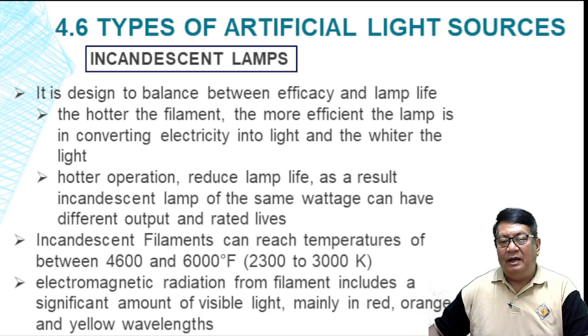The hotter the filament, the more efficient the lamp is at converting electricity into light, and the whiter the light. Incandescent filaments can reach temperatures of between 4,600 and 6,000 degrees Fahrenheit. Electromagnetic radiation from the filament includes a significant amount of visible light, mainly in red, orange, and yellow wavelengths.